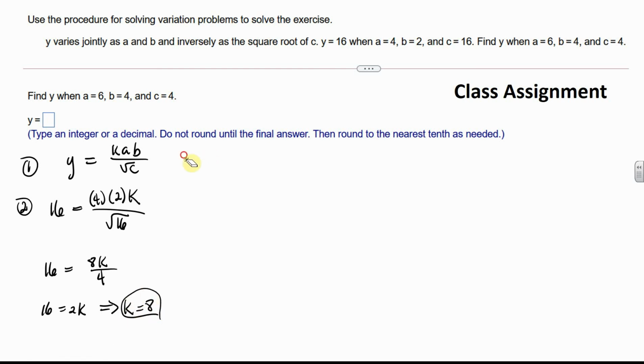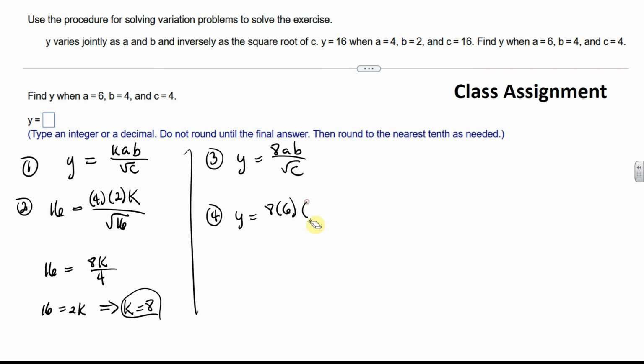So step number 3, we can write the equation y is equal to 8 times a times b all over the square root of c. And then that last sentence, they say find y. They tell us that a is equal to 6, b is equal to 4, and c is equal to 4.